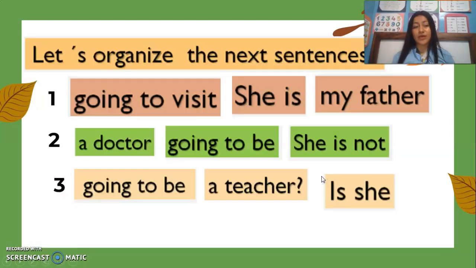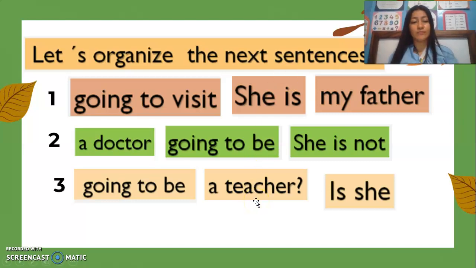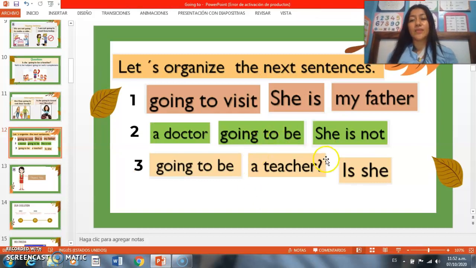Let's do an activity together. Here, we are going to organize the next sentences, and you, please, are going to help me. Here we have a complete sentence, but we need to organize which is the first part, the second, and so on. Going to visit, she is, my father.